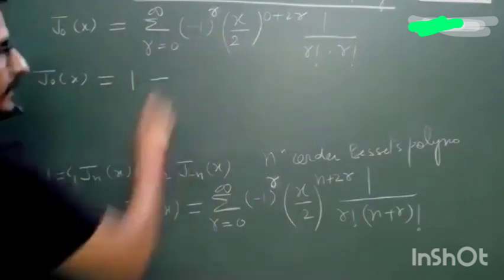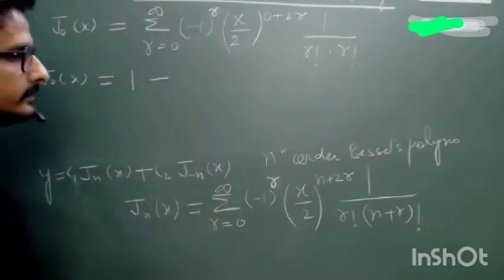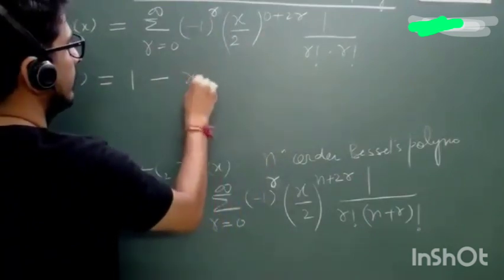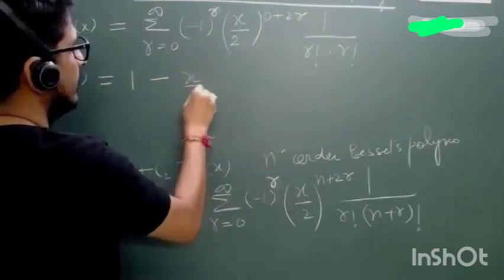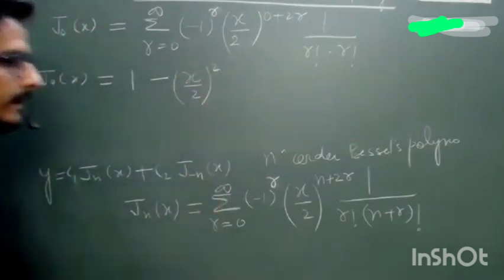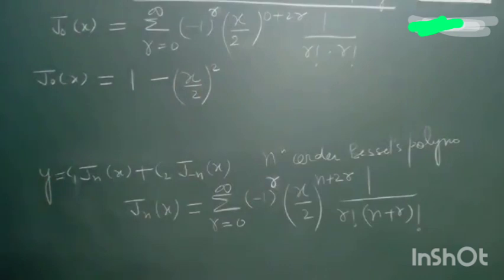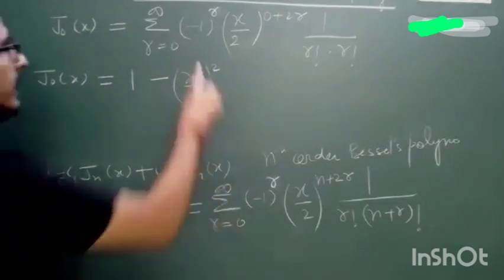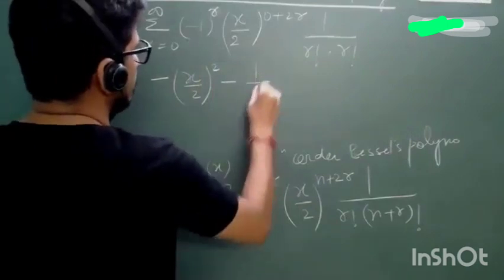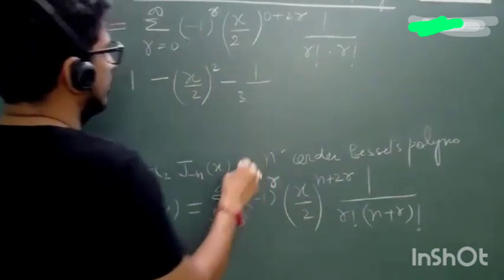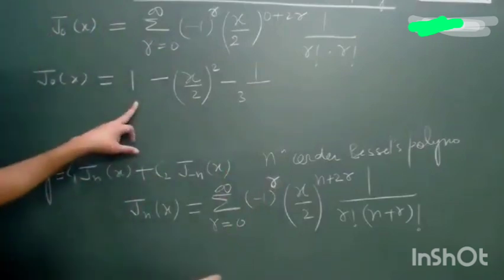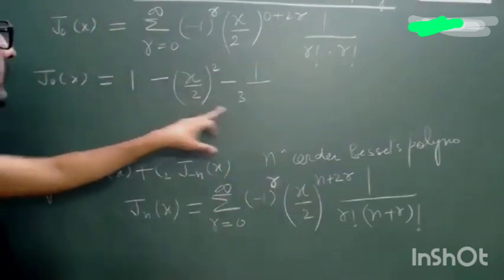It will give minus, x by 2 squared. Then r becomes 2: 0, this is 1, this is 2.